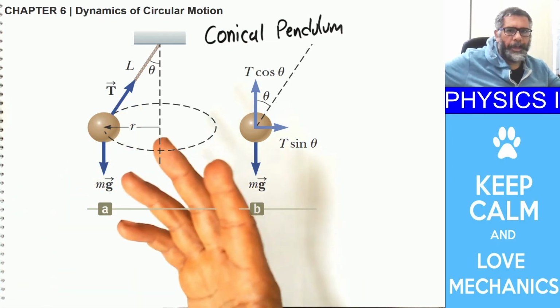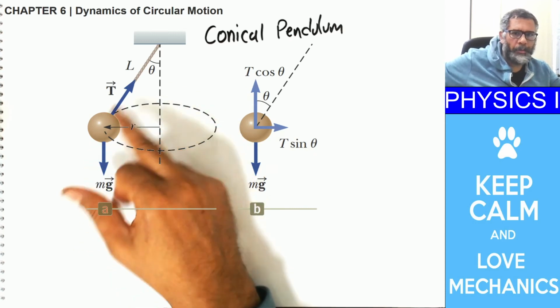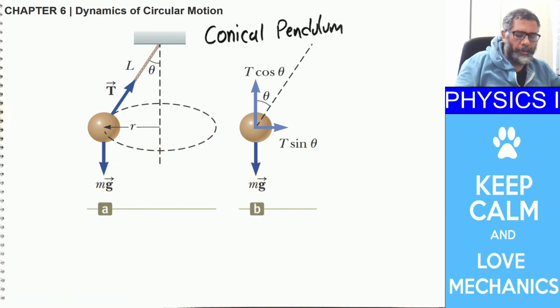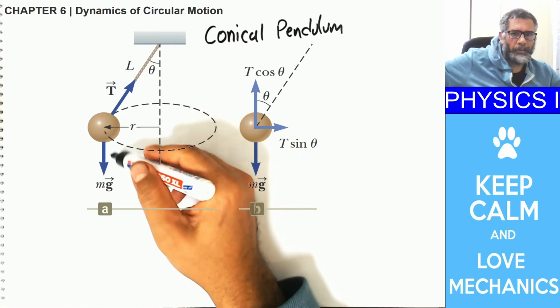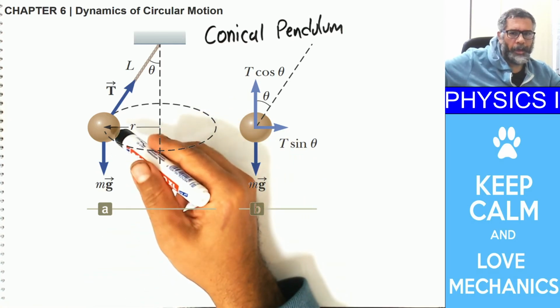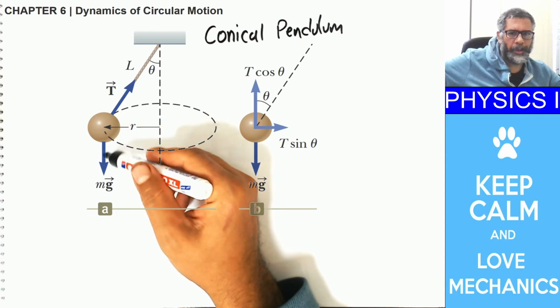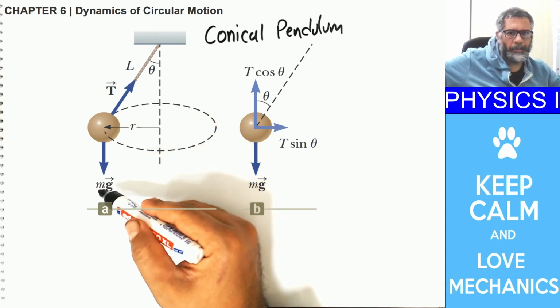Okay, so at any time during the motion, the object will be pulled in the downward direction by the earth because of its weight, which is nothing but m times g.